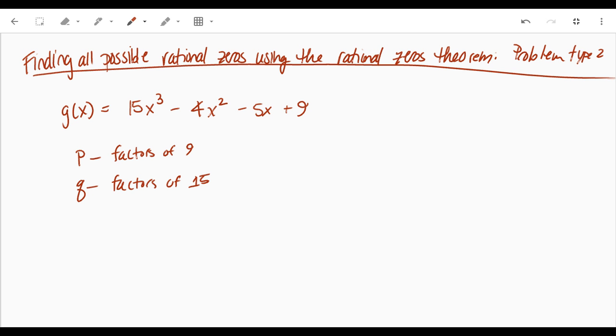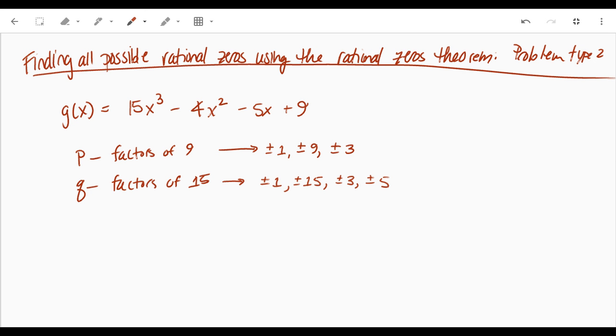So all your factors of 9: positive and negative 1, positive and negative 9, and positive and negative 3. Factors of 15: positive and negative 1, positive and negative 15, positive and negative 3, and positive and negative 5.